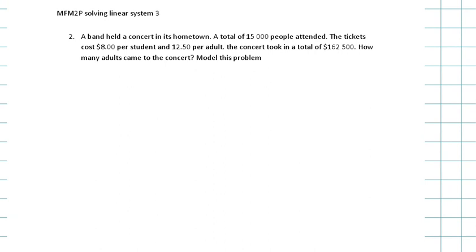So what would be my variables? A for adult. So A is the number of adults. So let A be the number of adults. Okay. And what would be my second variable?